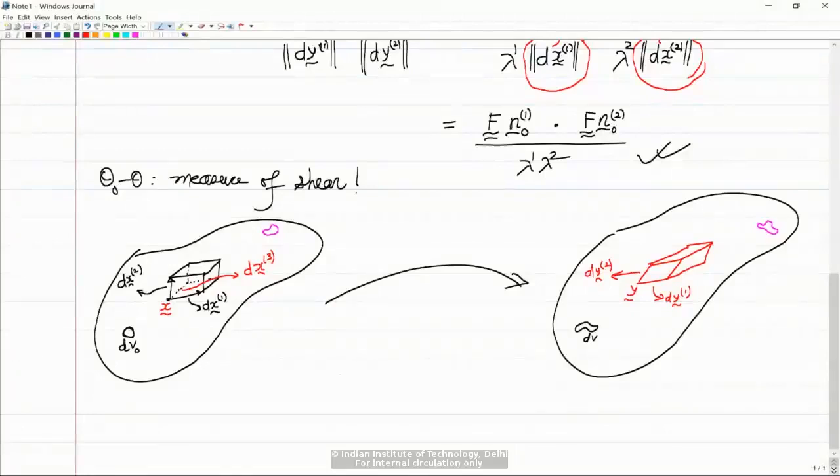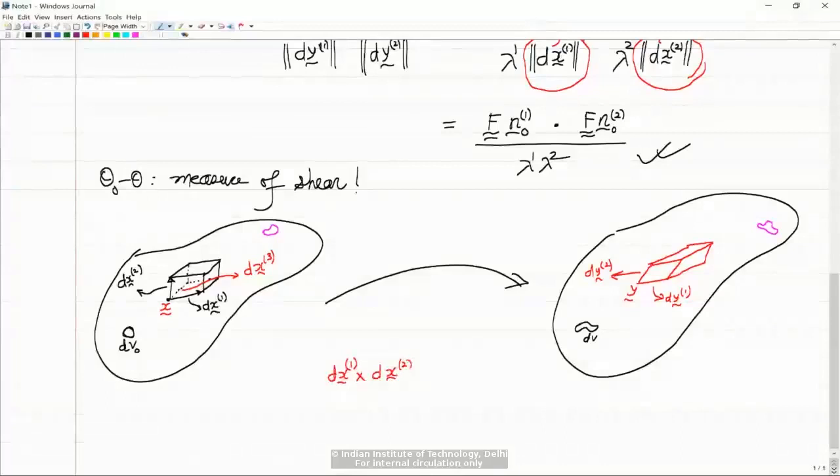So you can take, for example, dx1 cross product dx2. And do you know what does cross product give you?